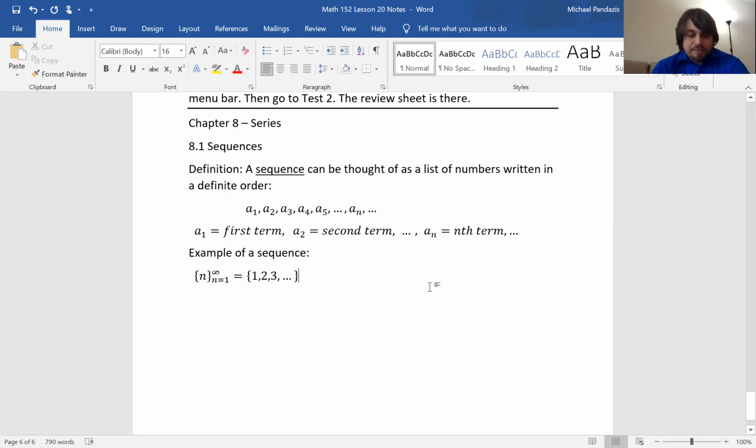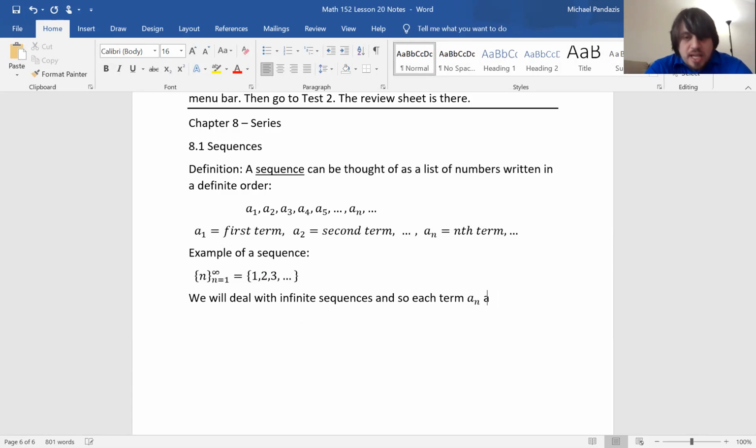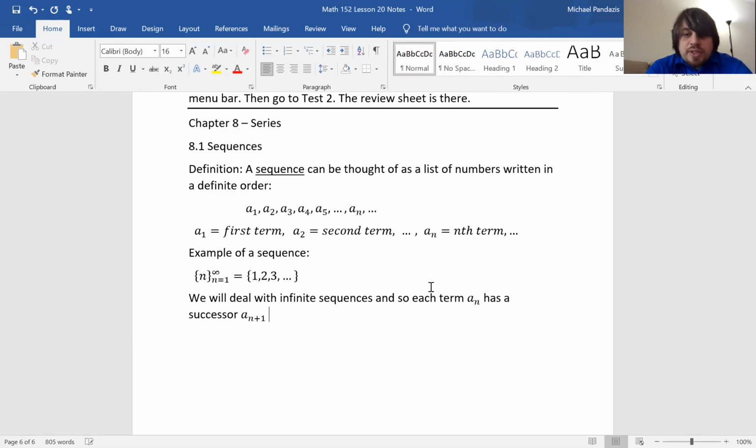Okay, so we will deal with infinite sequences, and so each term, a sub n, has a successor, a sub n plus 1, which is the next.